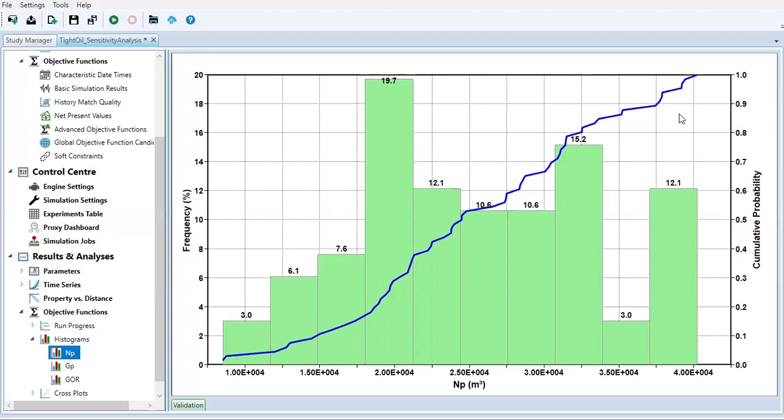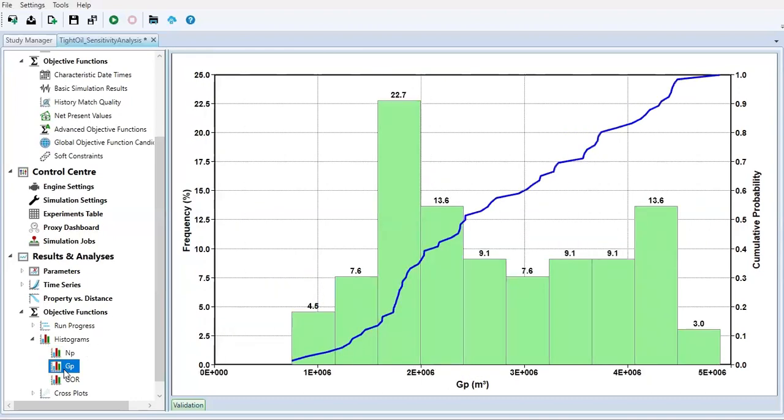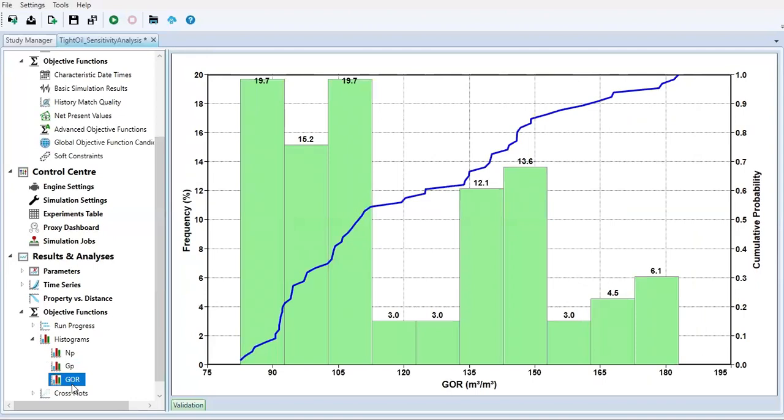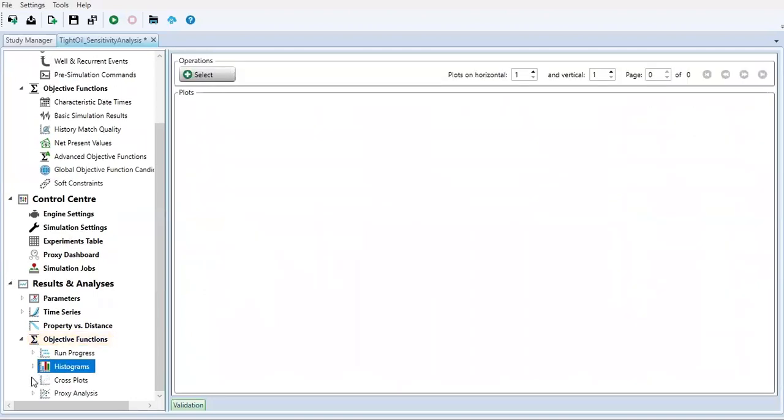So now we can get estimation for P90, for P10, for P50 using this histogram objective functions, right? For gas, cumulative gas production, gas oil ratio, it's very, very important and interesting.